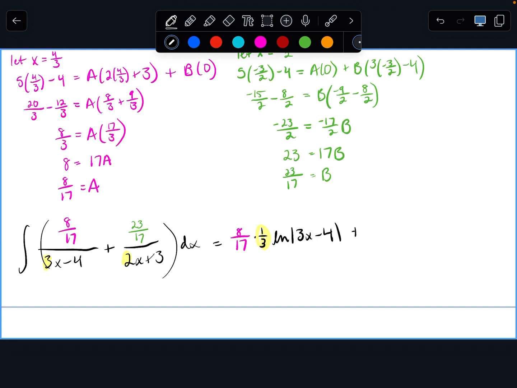And then plus, we got this goofball, 23 over 17. And then don't forget to chain it with the 1/2. And then natural log absolute value of 2x plus 3, plus C. And then you would clean it up. So just don't forget the chain, because they'll try to get you on that.